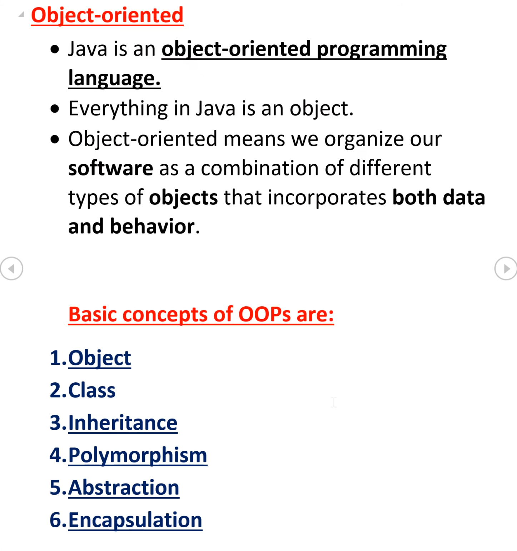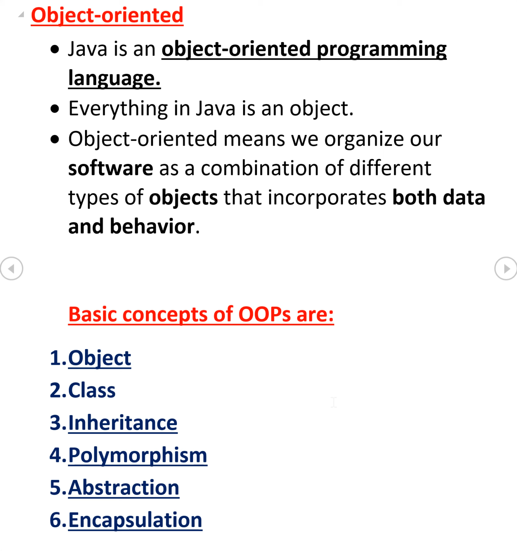Okay, second point, Java is object oriented, meaning Java is an object oriented programming language. We have some basic concepts in OOPS, like object, class, inheritance, polymorphism, abstraction and encapsulation, that we will cover in the next lecture. What is object oriented? If you are working with an object oriented language, everything in your language should be an object.